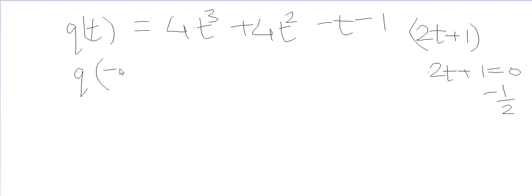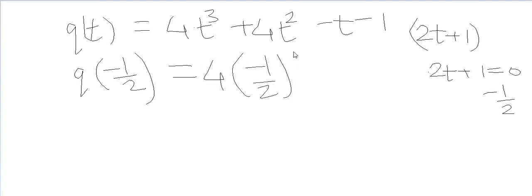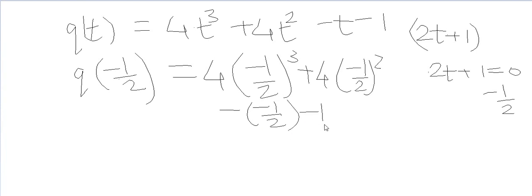So for calculating the remainder, we will put q(minus half) is equal to 4 times (minus half) cubed plus 4 times (minus half) squared minus (minus half) minus 1.